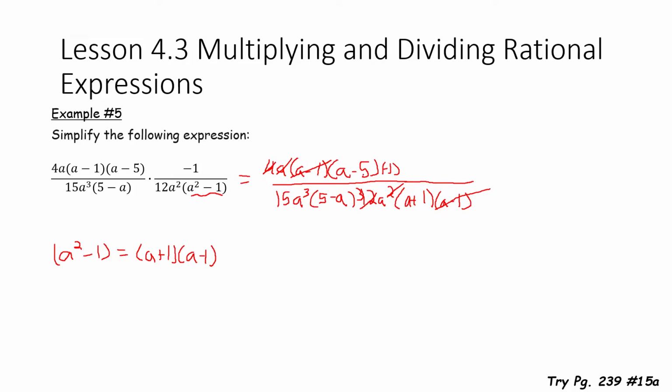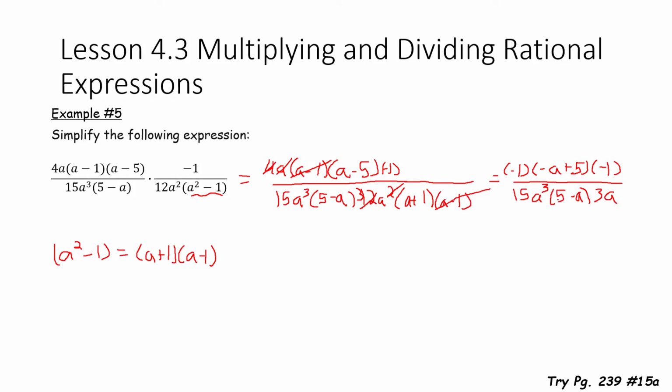So let's factor out that negative 1 from the a minus 5 so that we can make it the same value as the bottom. So that'll become a negative 1 that we're factoring out, and a minus 5 turns into negative a plus 5, so change the signs of both. We still have this negative 1 up here. And then in the bottom, we'll have our 15a cubed, and then we still have our 5 minus a, that will shortly be gone, and then 3 times a.